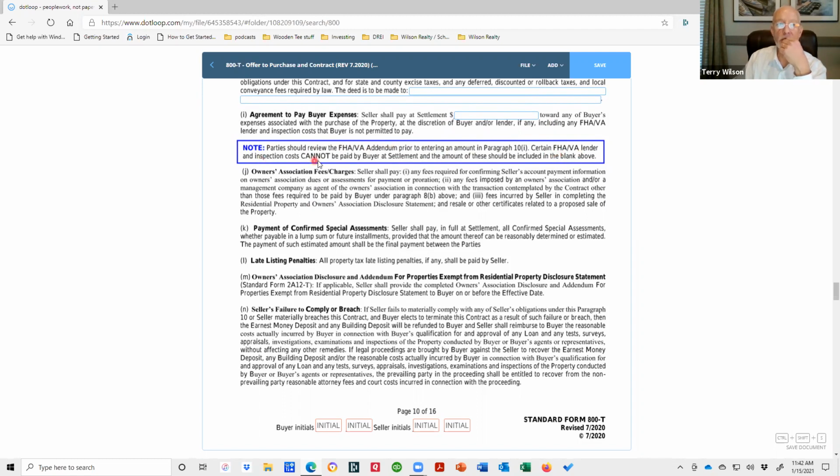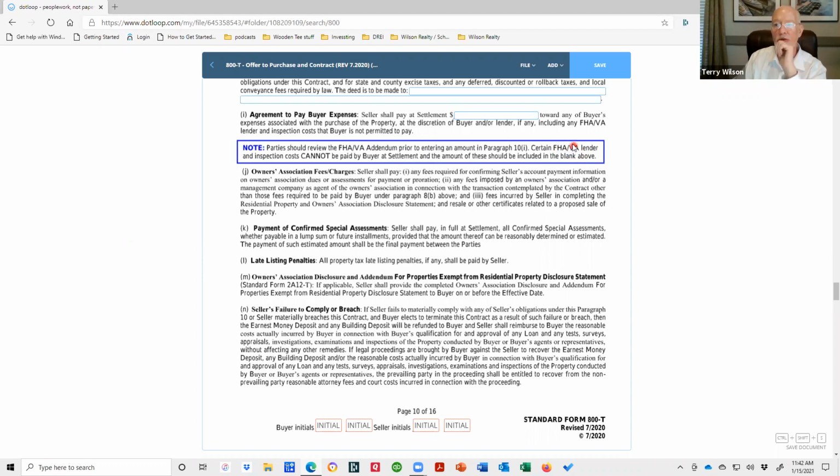And note that the inspection costs cannot be paid by the buyer at settlement, and the amount of these should be included in the blank above. So if the buyer's getting an FHA loan, then whatever it's going to cost the buyer to have the property inspected, or other lender fees, then the seller has to pay those fees. Seller has to pay them.